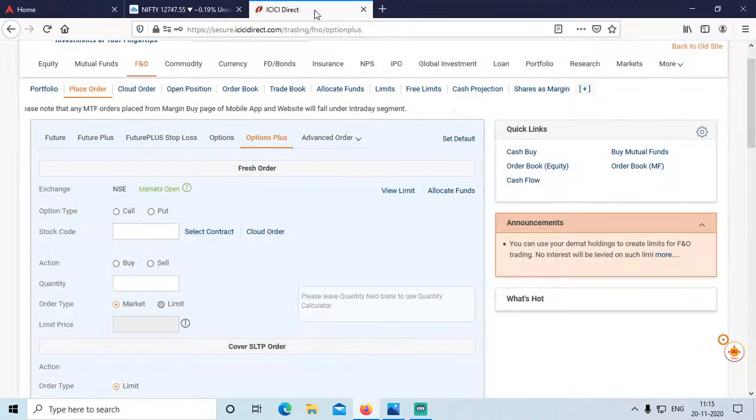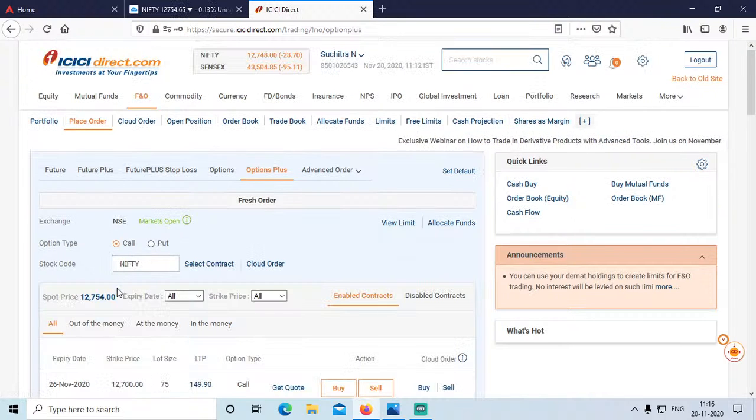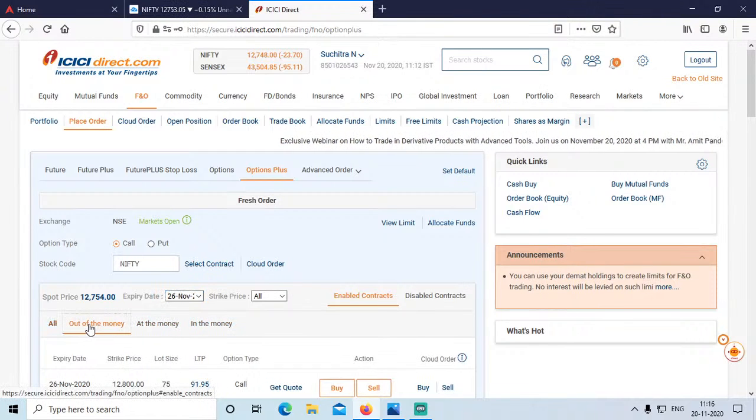So what we have planned for today is we can do a trading somewhere around the Nifty call option. Let's choose that call option, Nifty, select contract, expiry day, and out of the money.